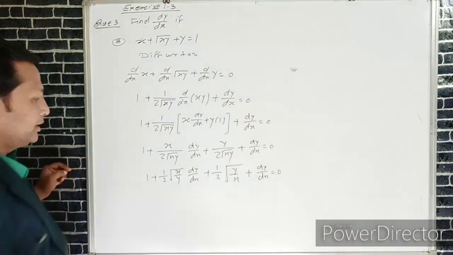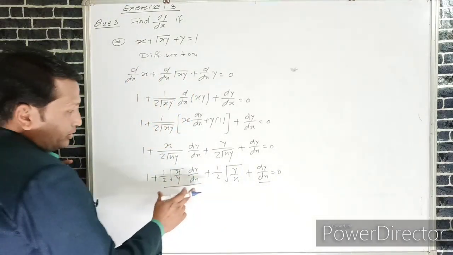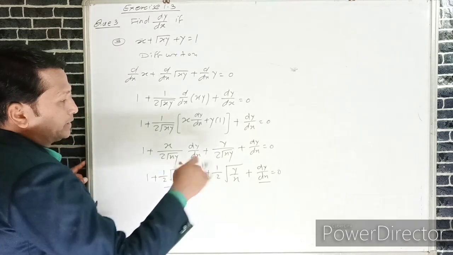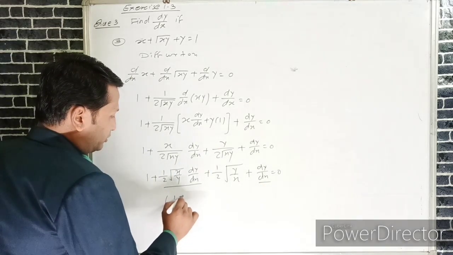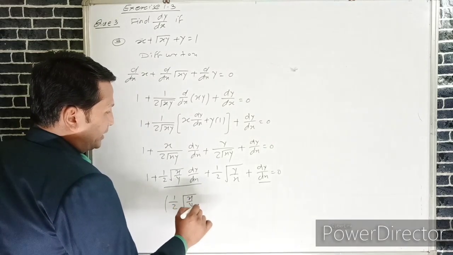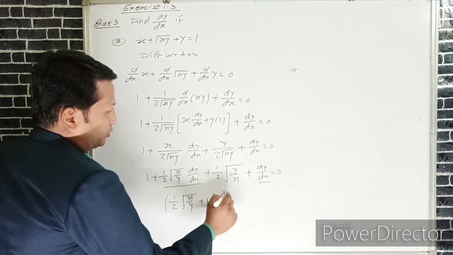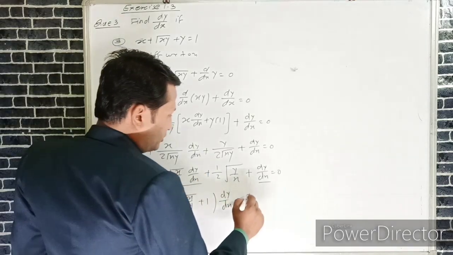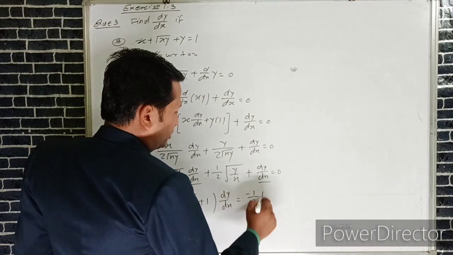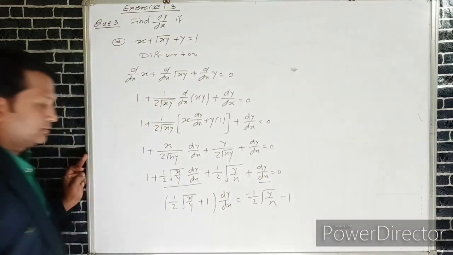To find dy by dx, we take dy by dx common from the terms on the left, and shift the other term to the right side. Hence we can write 1 by 2 under root of x by y plus 1 into dy by dx equals minus 1 by 2 under root of y by x plus 1, converted into minus 1.